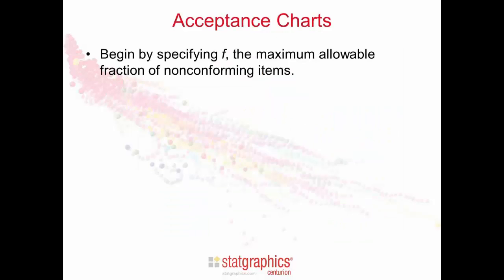Well, we start by specifying a quantity called F. F will be the maximum allowable fraction of non-conforming items. I start by deciding, you know what, I will be happy with my process if I have no more than, well, let's say 1 out of 10,000 items outside my specification limits. Okay, that's F.